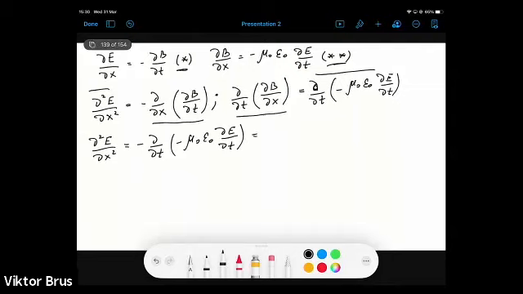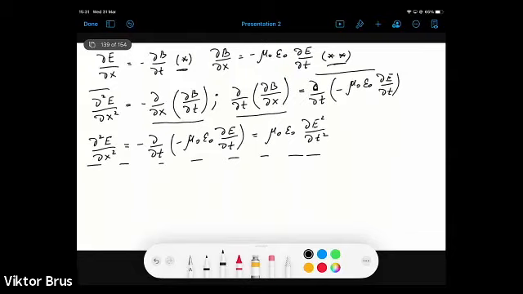And obviously these two minuses cancel each other. So eventually we get mu naught epsilon naught d squared E over dt squared. So this is the first equation which we get for electric field.